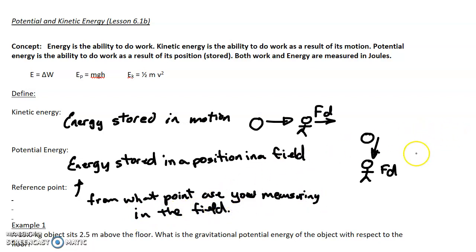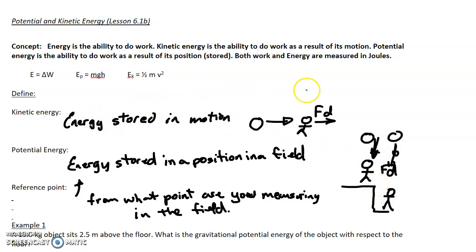For example, if we've got this big rock here, but this person is standing here and another person is standing here, the big rocks are in essentially the same position within the gravitational field of Earth, but the amount of potential energy stored within these two big medicine balls is going to be different.